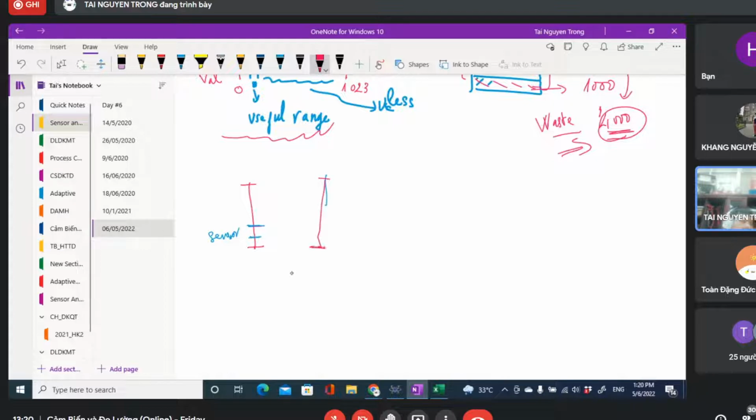Okay, and if we take an amplifier, and when we amplify, I assume that we take a double, and we take double for this one, and this one will be double.